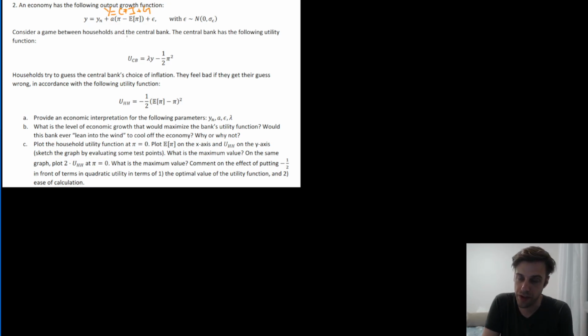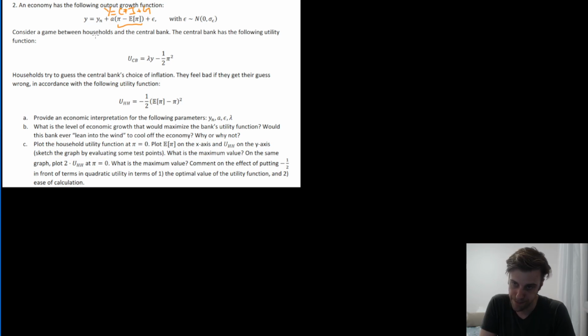We only care about this dynamic interplay between households and the central bank. There's a nice lesson here. When you write a model, make it as simple and parsimonious as possible. Cut out all the bits that don't apply to your research question. Our research question is just this interplay. We cut out C, I, G. We leave just inflation.